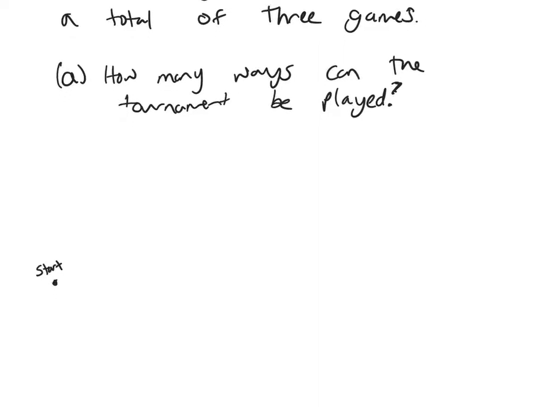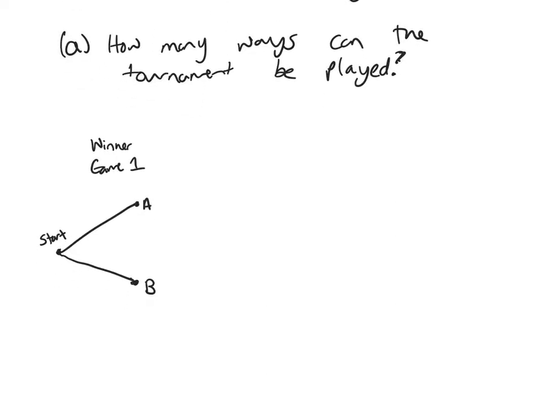And so the first thing that's going to happen is they're going to play game 1. And what are the possibilities for the winner of game 1? Well, Team A could win game 1, or Team B could win game 1. Now here, the tournament must continue in either case because no one has won 2 games in a row or 3 games in total.